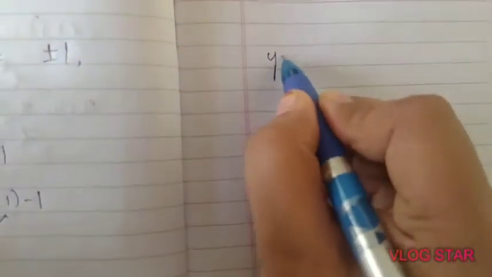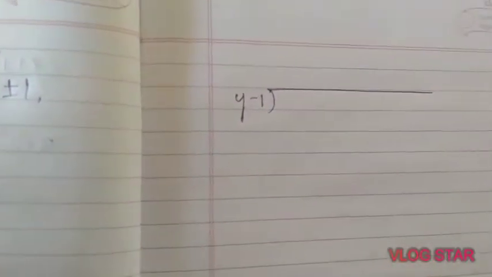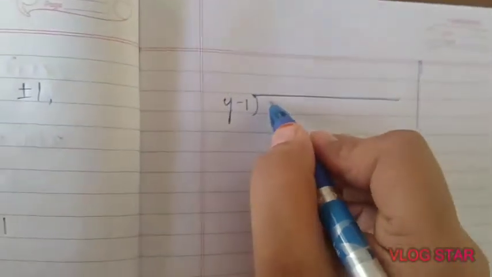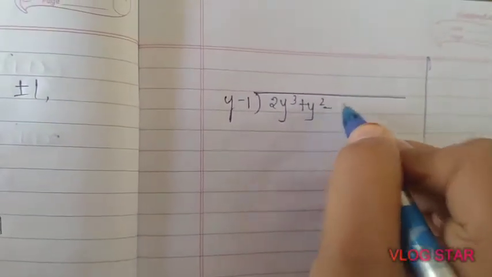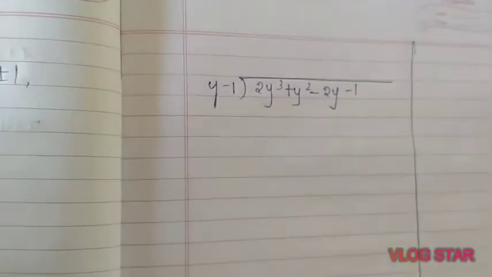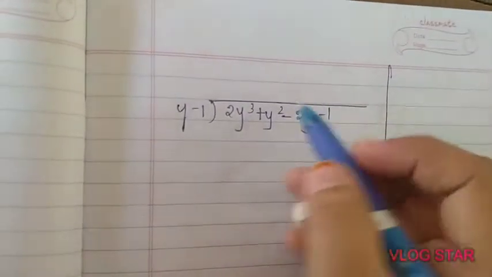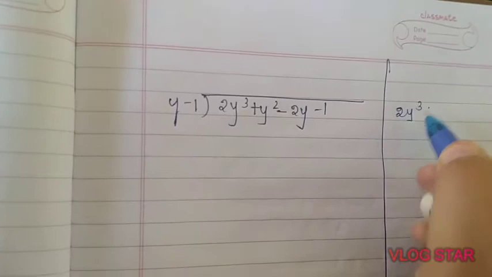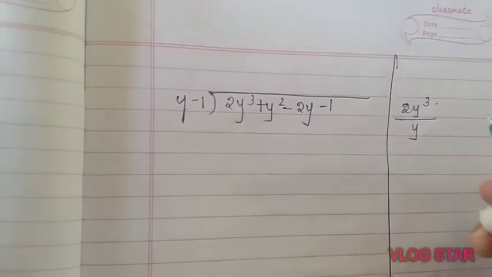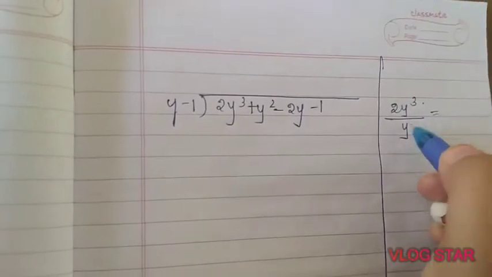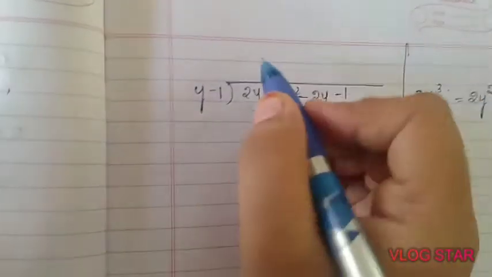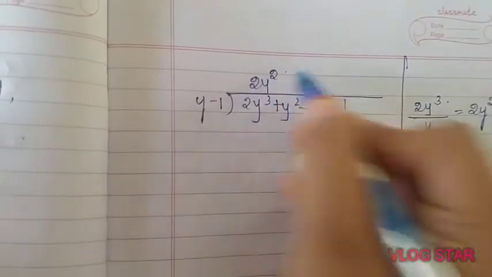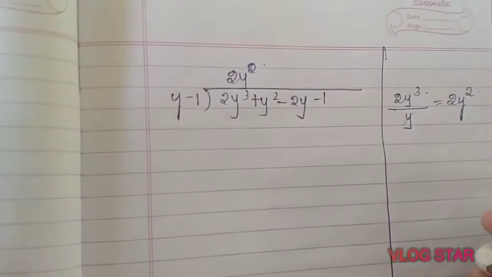So y minus 1 is your divisor and 2y cube plus y square minus 2y minus 1 is your dividend. The first term of the dividend is 2y cube and the first term of the divisor is y. So y and y will get cancelled. What is remaining? 2y square. This is the first term of the quotient.